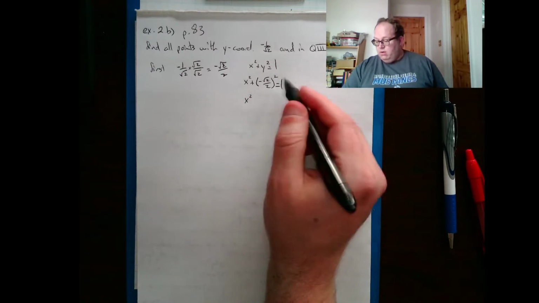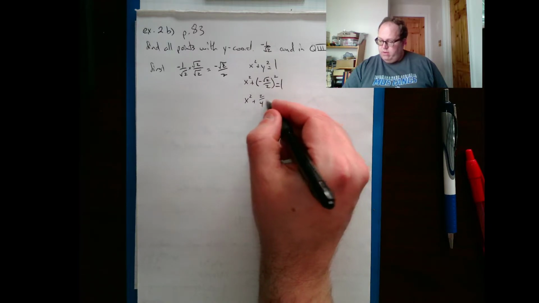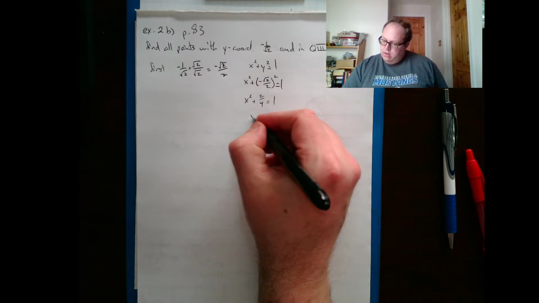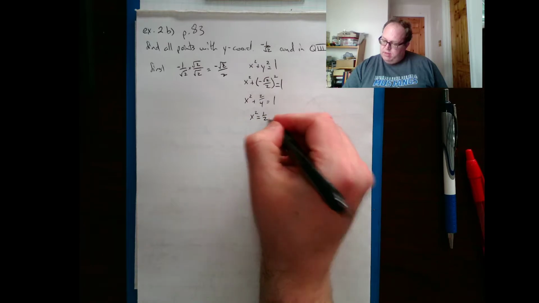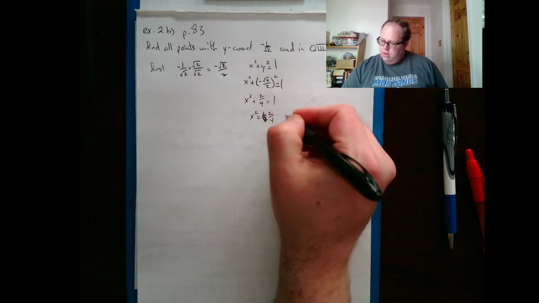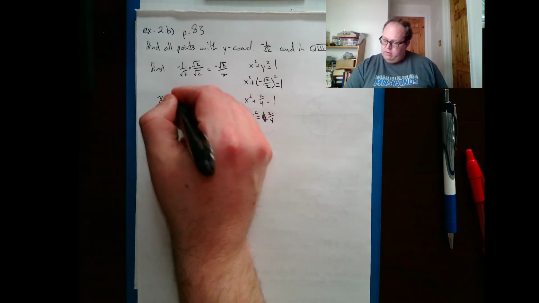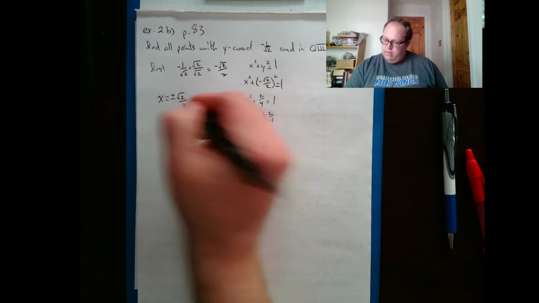The negative is going to go away when I square it. √2 squared is 2. 2 squared is 4. This will result in x squared being equal to 1/2. Actually, I'm going to leave it as 2/4, which means x equals plus or minus √2/2.